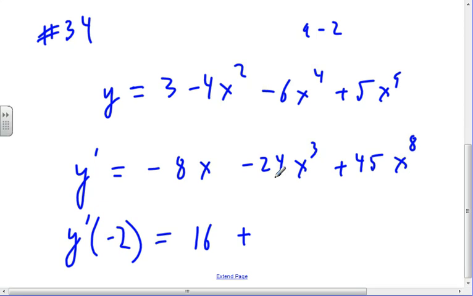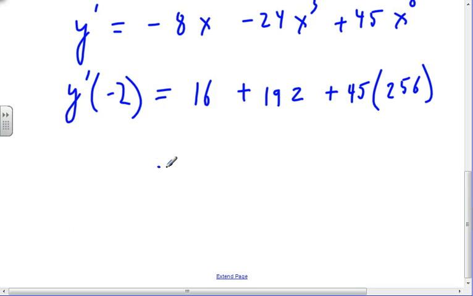And my calculator isn't going to work. All right, so 8 times 24, that's 2, 3 to carry, 192. 16, 192, plus 45 times 2 to the 8th, which is 256. 256, it is?